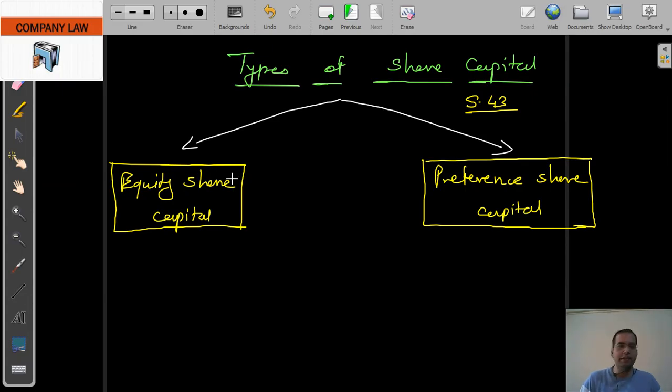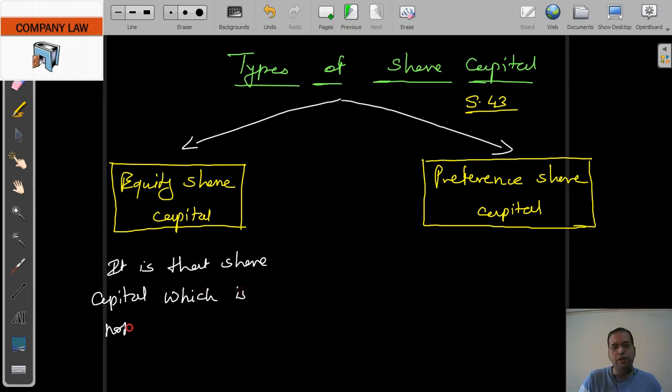Equity share capital is considered as that which is not a preference share capital. Okay, so one needs to understand the preference share capital in order to understand the equity share capital.